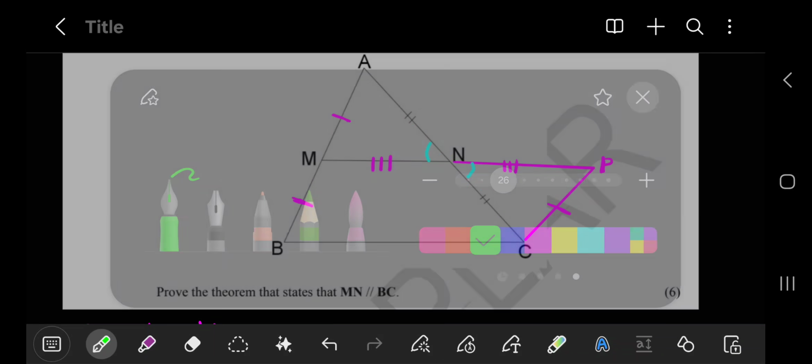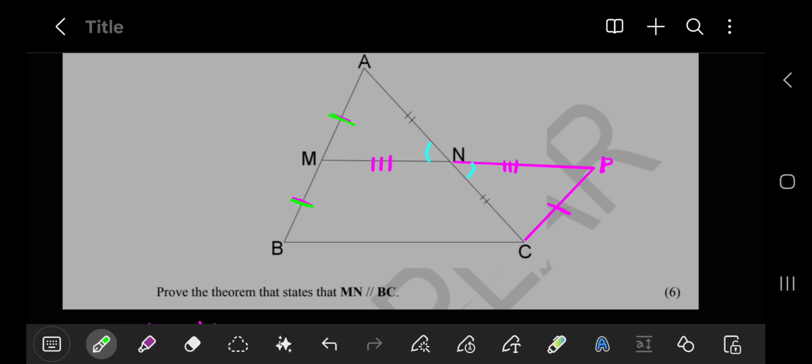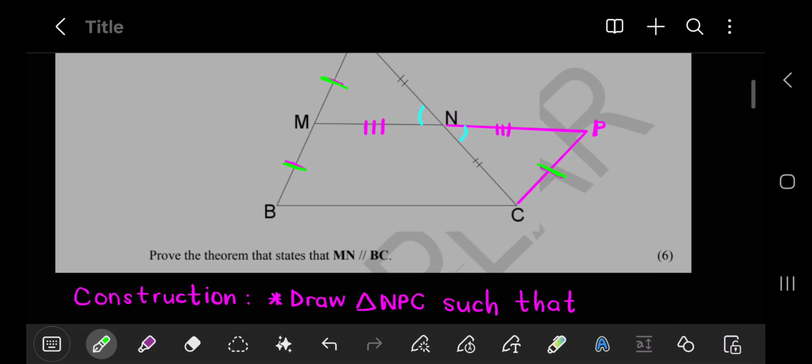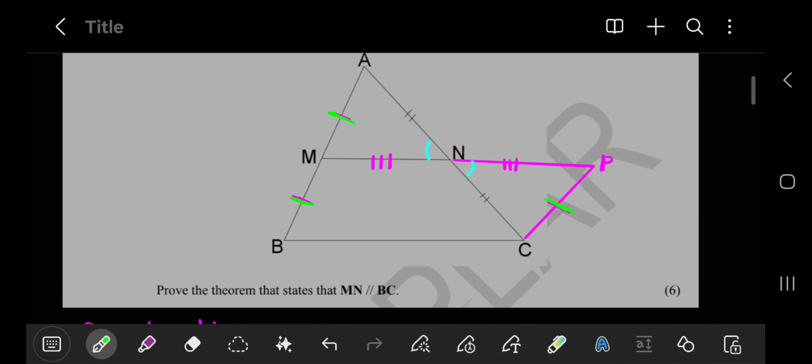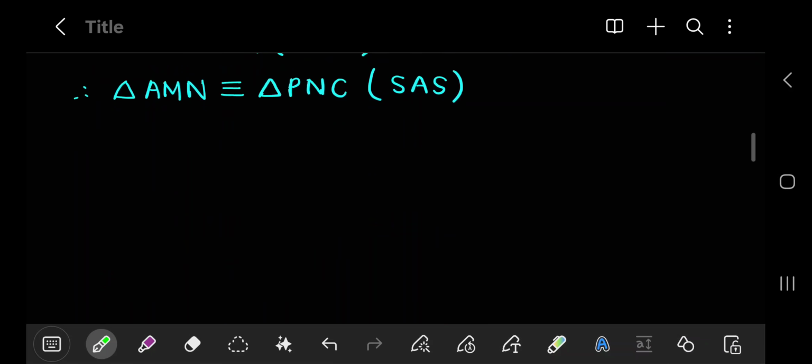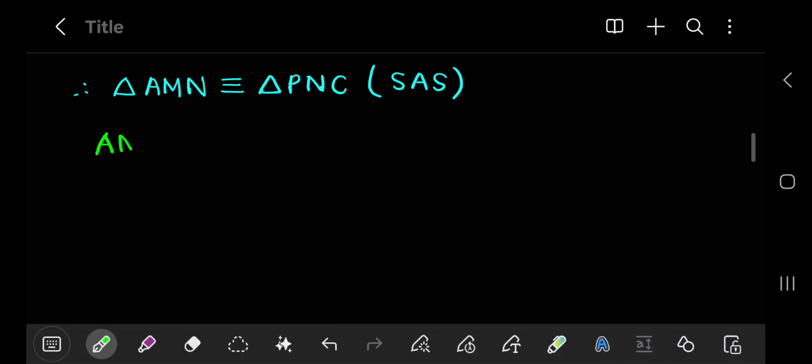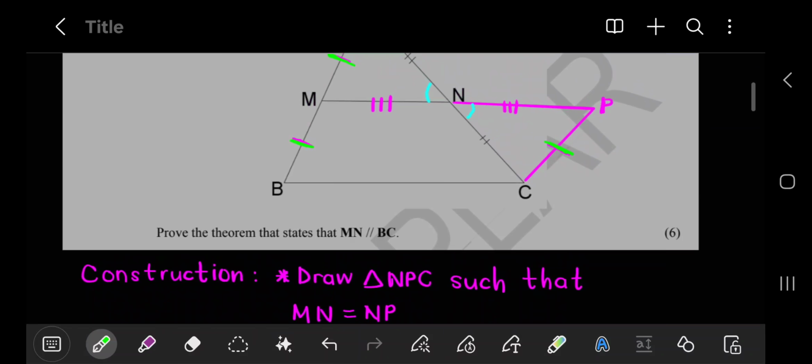Now actually, I think I'm going to use a different color for this so you guys can see which step corresponds to which color on the diagram. We're going to mention that AM is equal to PC. And our reason for saying that is that these two triangles are congruent. Now, how does that help us?